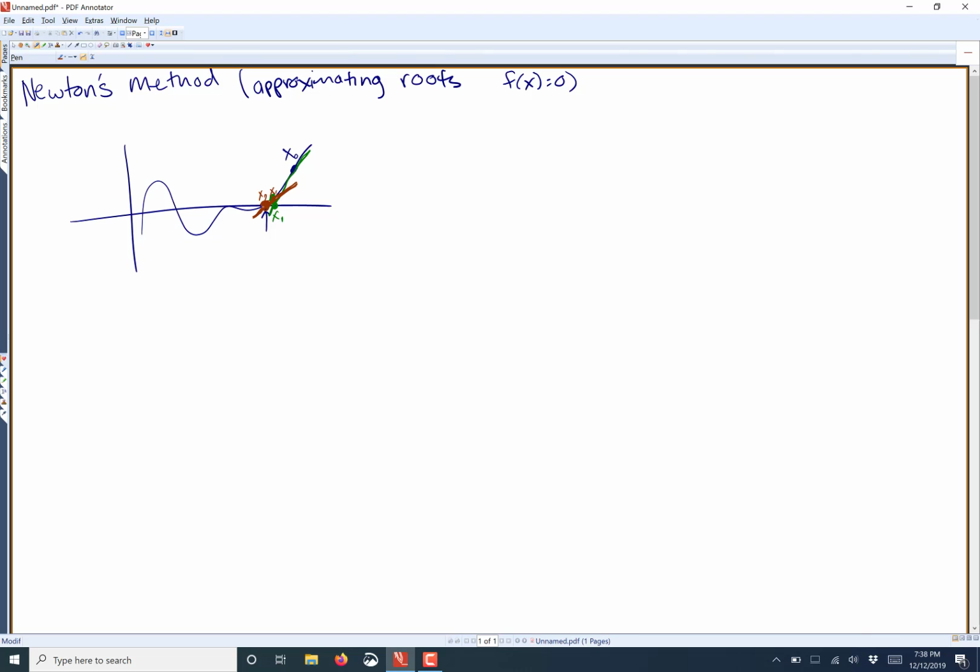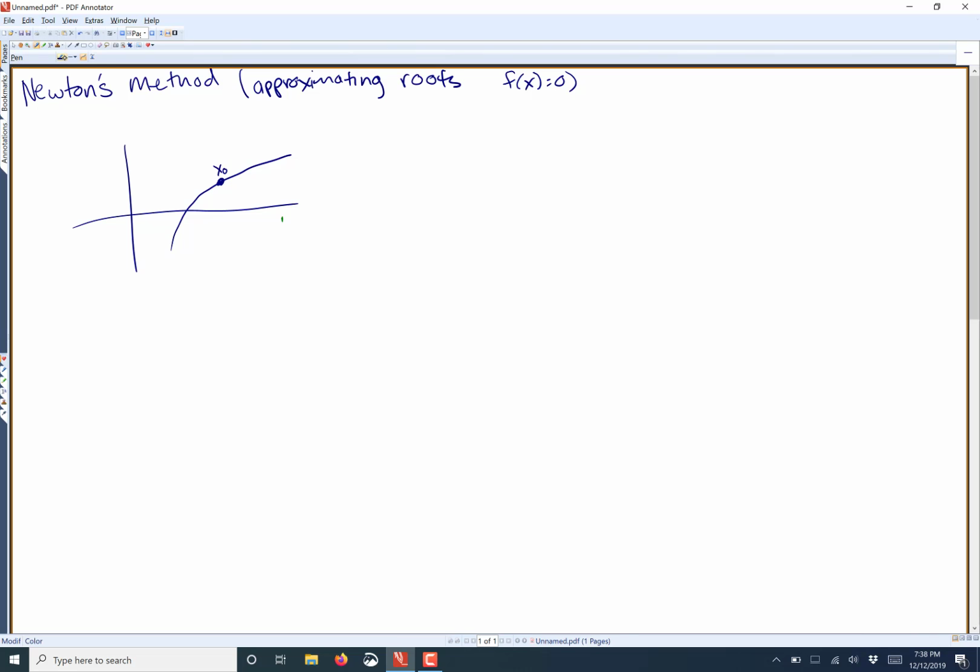So again, what are we trying to do? We're trying to figure out where it crosses the x-axis. And what is our method? We pick a point, we call it x0, that's the x value.